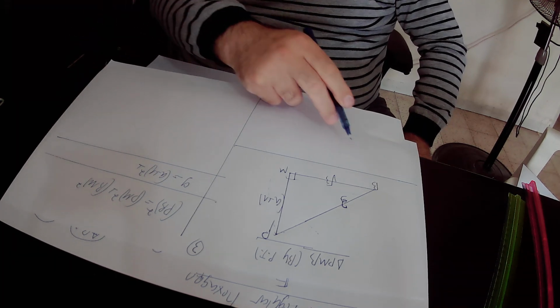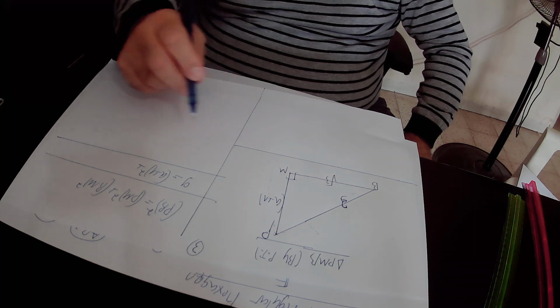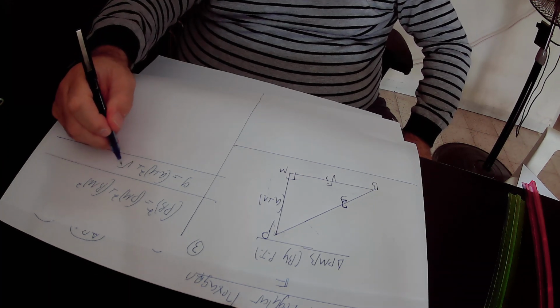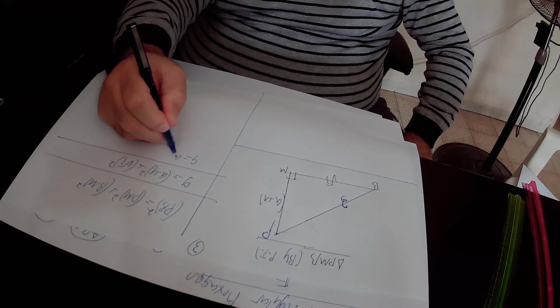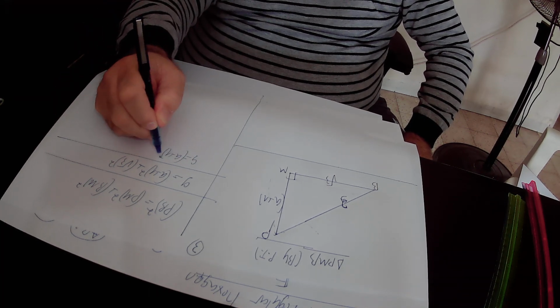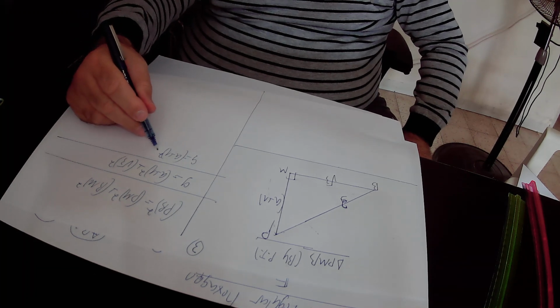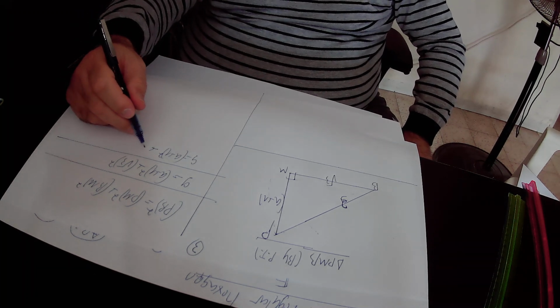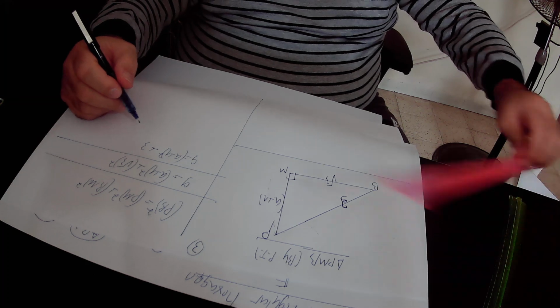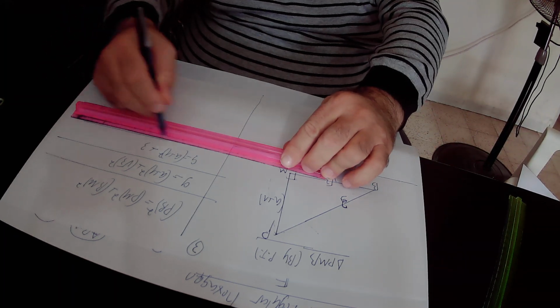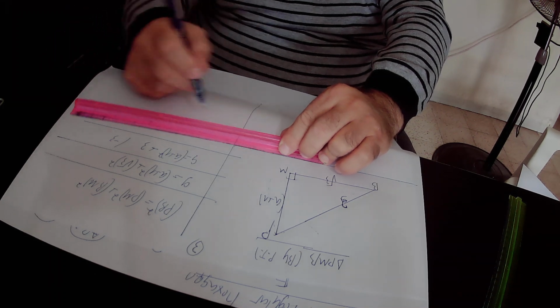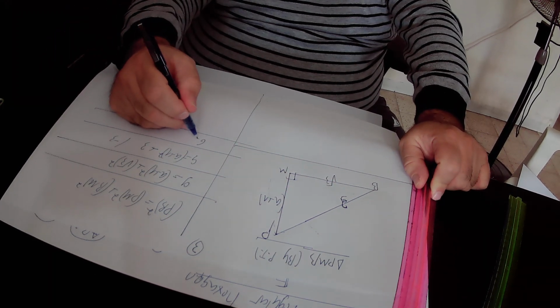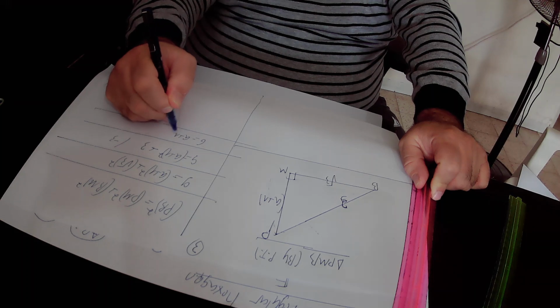BM equals the square root of 3 units, therefore BM squared is the square root of 3 squared, which is 3. So 9 equals (a plus 1) squared plus 3. You subtract 3 from this equation, and we get that 9 minus 3 is 6, so 6 equals (a plus 1) squared.